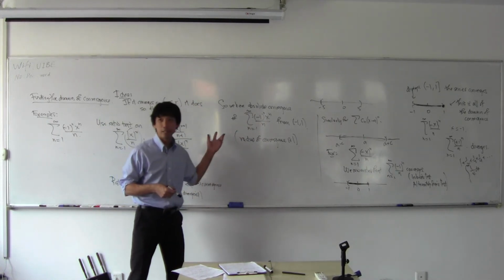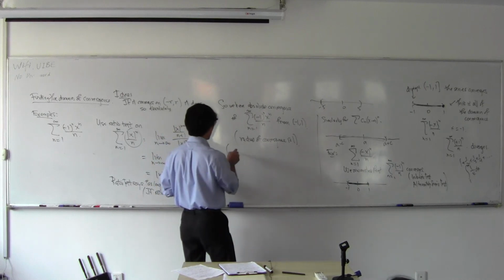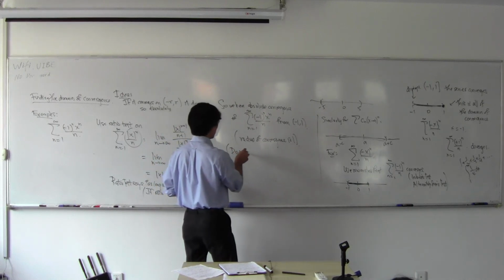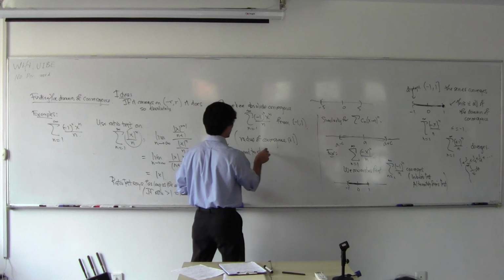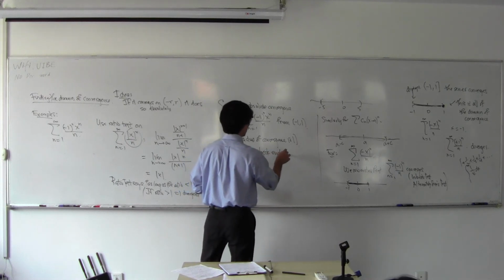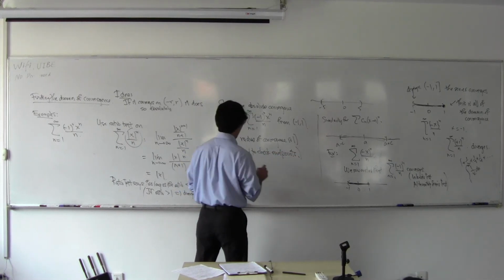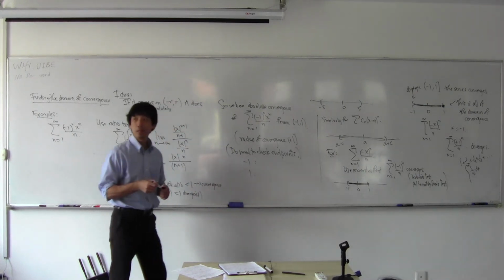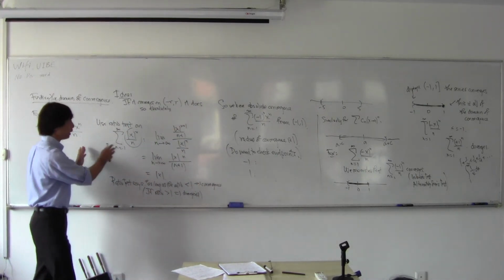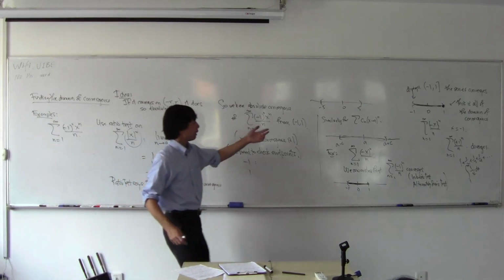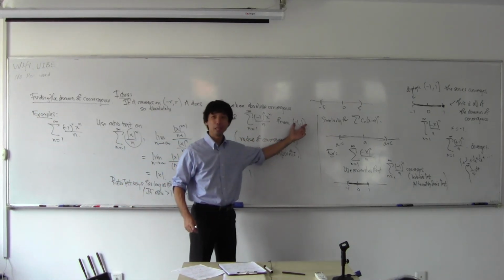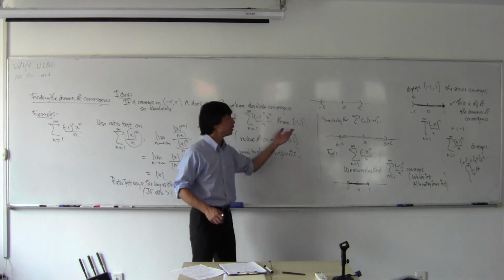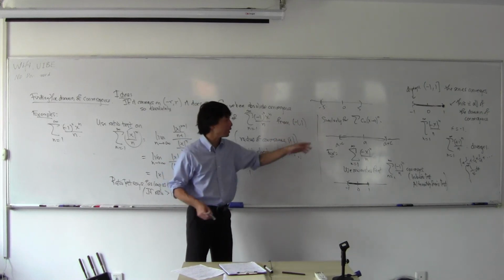Okay, and at this point, you do need to check the endpoints. Right, you need to check what happens at -1 and what happens at 1. Okay, because at this point, all we have is the inside of the set, but we don't have the endpoints. But you just do what we did over here, right?